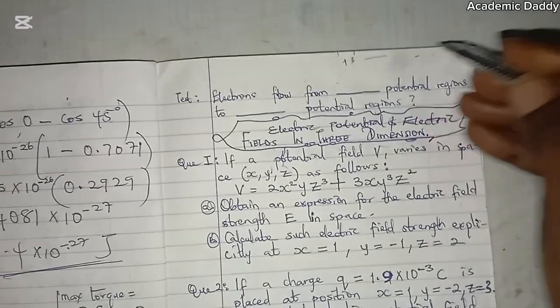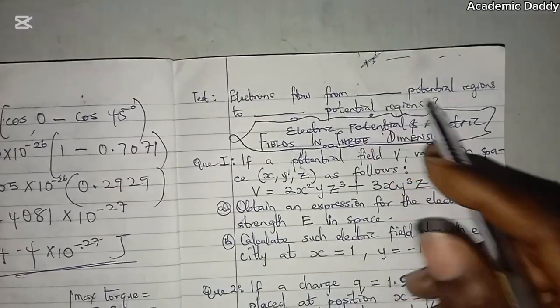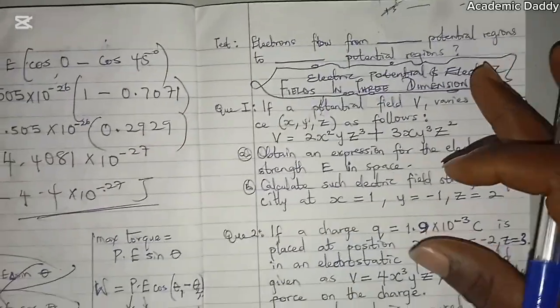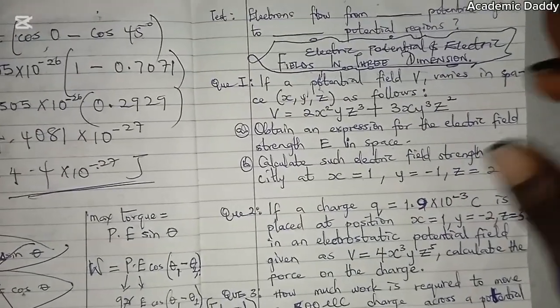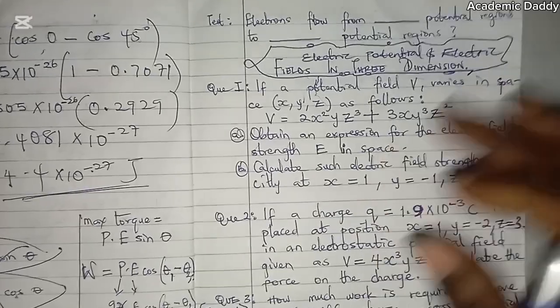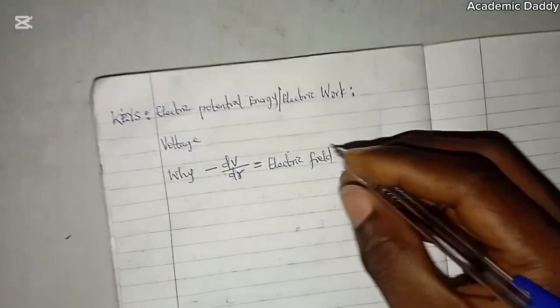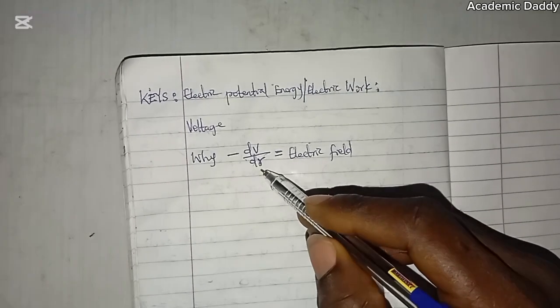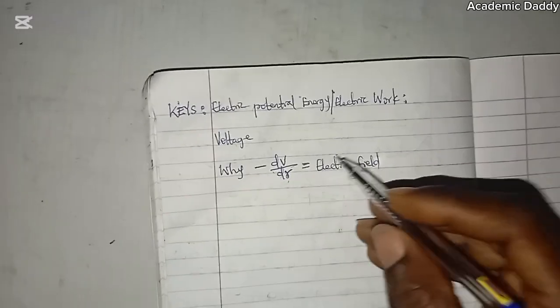It's subtracting, so it's moving from higher to lower, and lower means subtracting. So you need to know that. Okay, let's solve this before reading the other questions. The answer to this is that E is change in V over change in R.